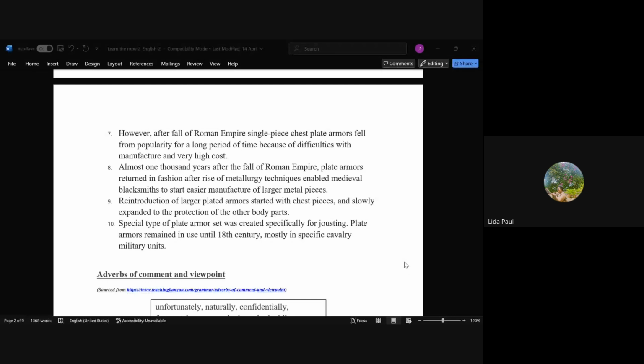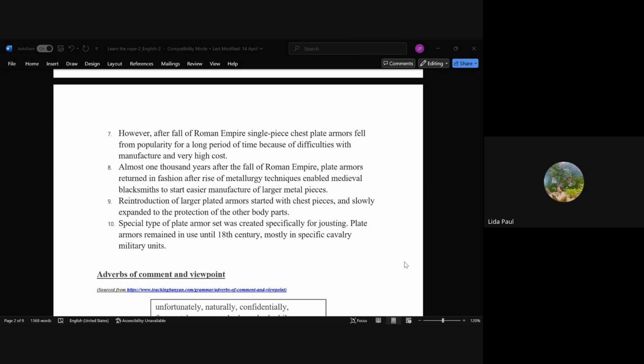Mostly only one. Which one is that? Almost, right? Almost is an adverb of what? Sentence? No, it's not a sentence adverb. Almost is an adverb of degree, correct.